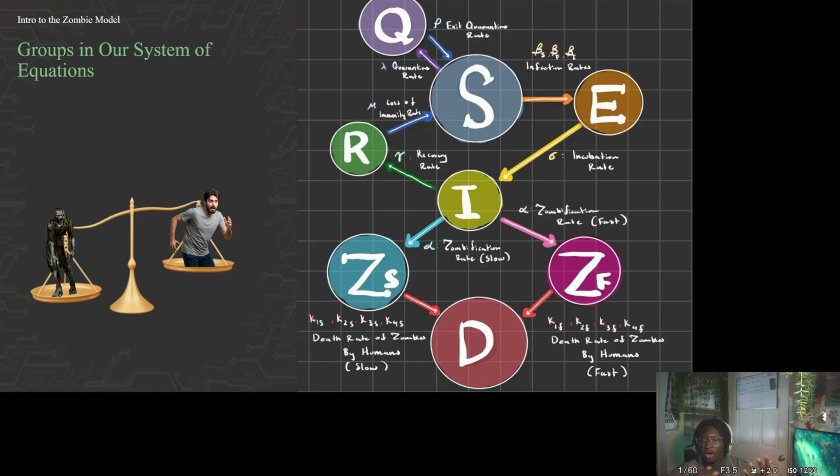All these things become modeling assumptions. So we assume that people over time will leave the quarantine group by some coefficient rho up here, or they enter the quarantine group through some coefficient lambda, at some lambda rate, right?